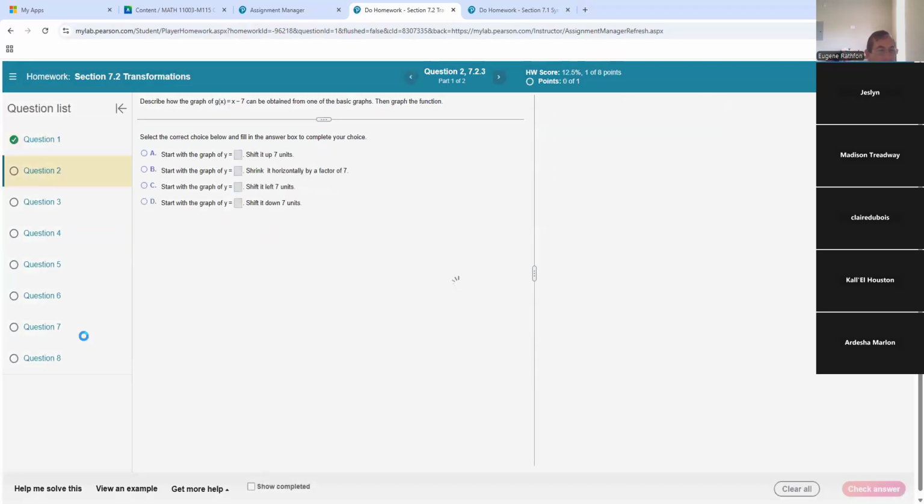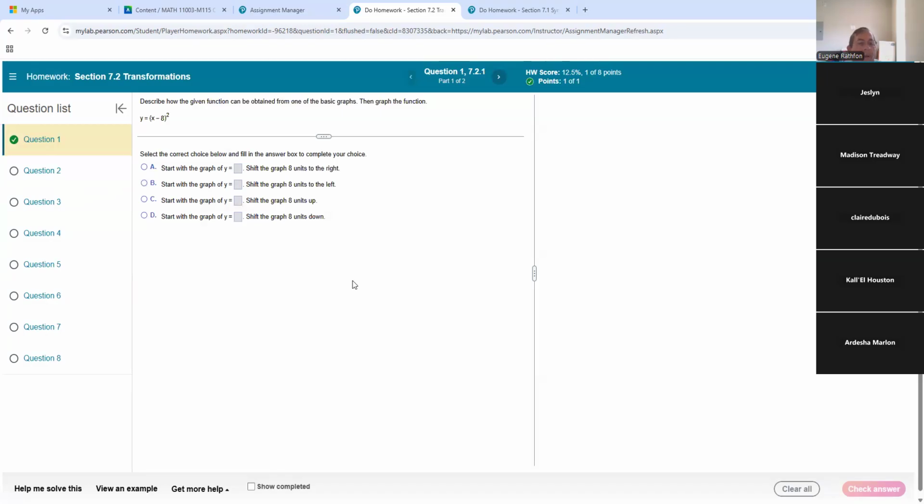All right, let me see what my chat is saying. Redo that. Y'all, let me go back to 1. All righty, so it gave us a similar problem. All it changed was the number. So I'm subtracting 8 from the x inside the parentheses. So what way will that graph move?